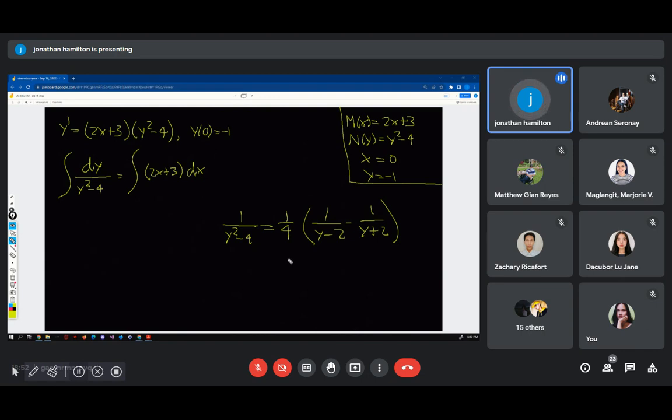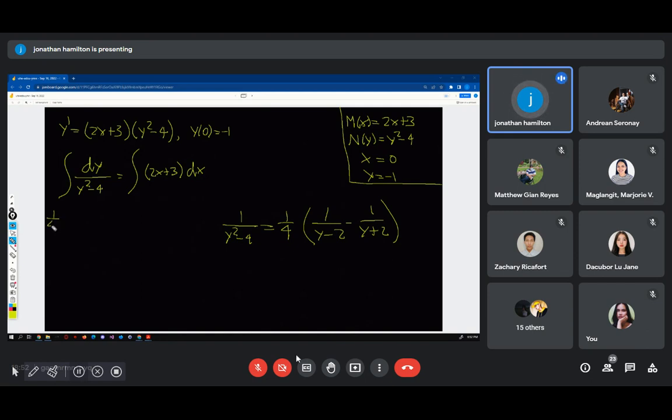So with this partial fractions decomposition, we can achieve this: 1 over y squared minus 4 can be broken down into 1/4 times 1 over y minus 2 minus 1 over y plus 2. So we can substitute this value to our value here. So since 1/4 man siya, pwede natin siya ipagawas.